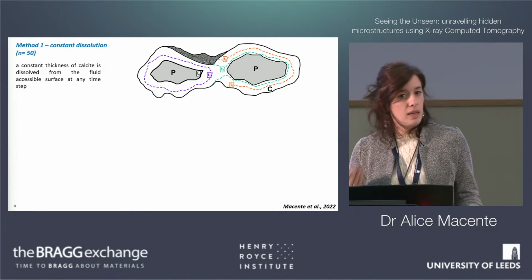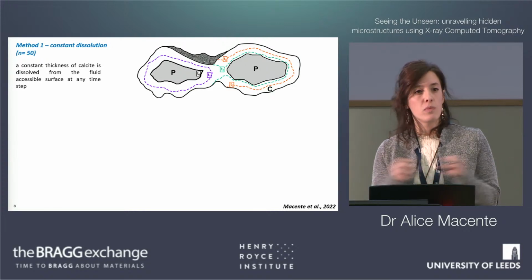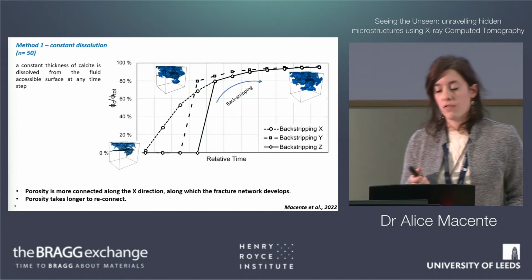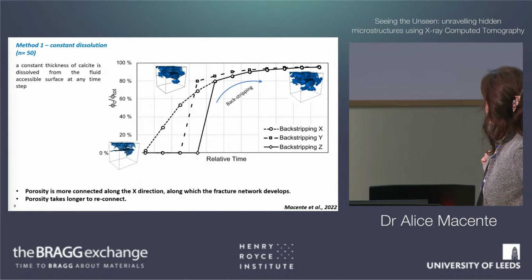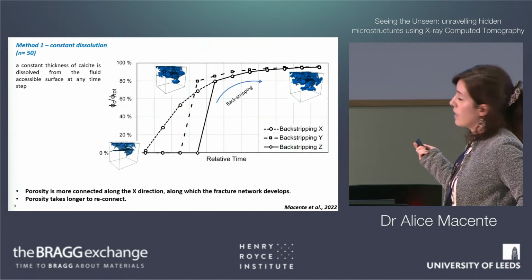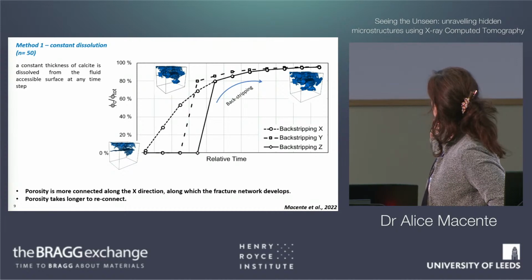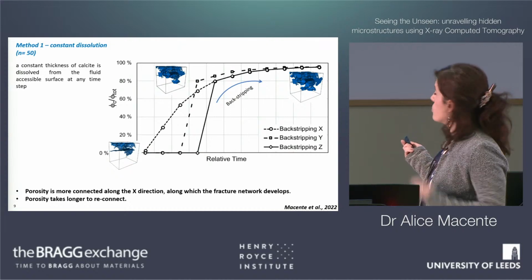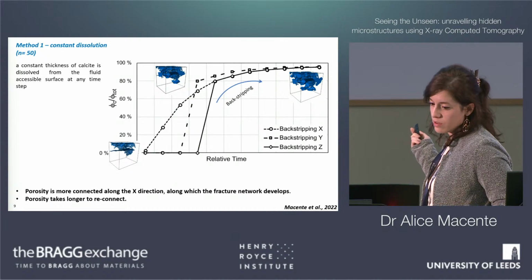One way to simulate calcite dissolution is by assuming that at every time step, we remove the same amount of material. What we can quantify is that you can plot your relative time on the x-axis and the percentage of connected porosity on the y-axis, and you go from left to right with the backstripping, and you see that with this digital dissolution, the percentage of connected porosity increases over time.